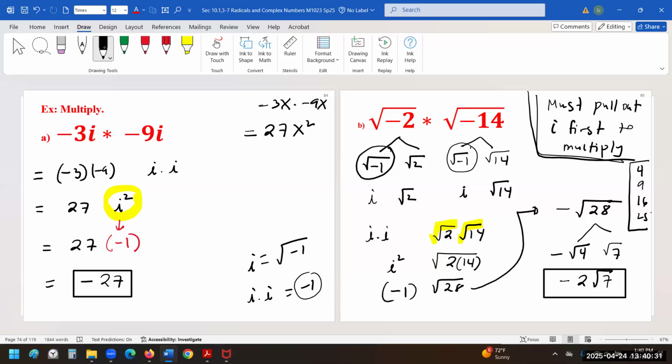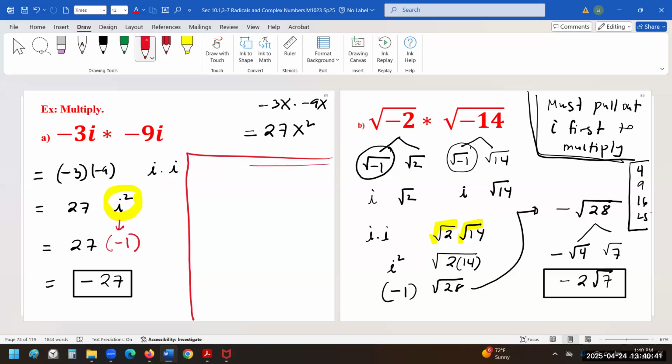On the first step, let's see why not. Let's say you decided, well, I don't want to waste my time doing all these things. Let me just simply multiply the inside. So square root of -2 times square root of -14. You decided to multiply -2 times -14.